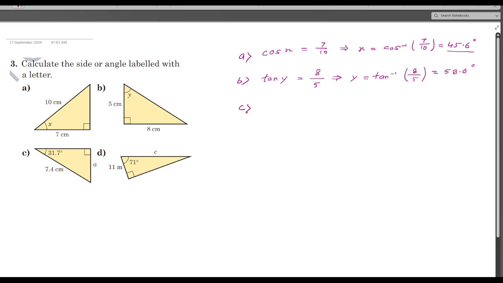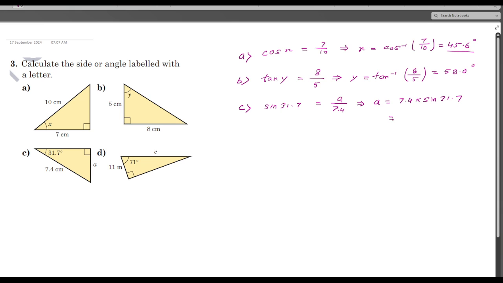Now I have to find A. So here opposite and hypotenuse are in relation, so I will use sine. Sine of 31.7 will be equal to A divided by 7.4, and this gives me the value of A as 7.4 times sine of 31.7.